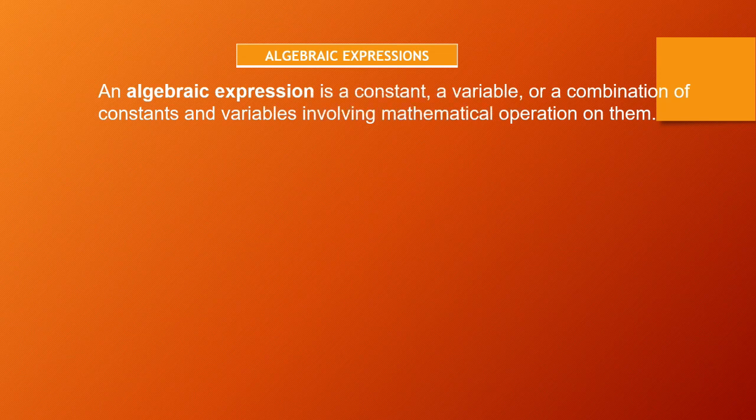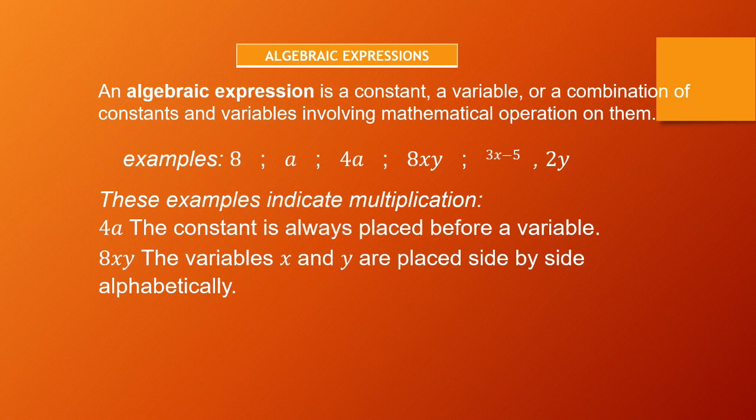These examples indicate multiplication, like for 4a, the constant is always placed before a variable. So the constant there is 4. For example, 8xy, the variables x and y are placed side by side alphabetically, and are written after the constant.